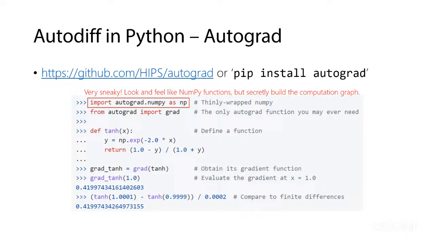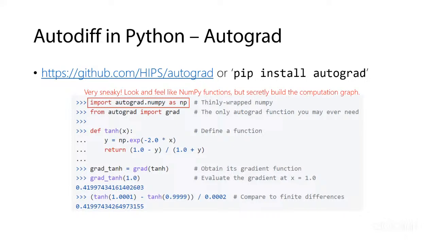So like over here, it's the usual tanh implementation with NumPy. And by importing autograd.numpy like this, from the user side, there's not much of a difference in the syntax. The syntax is, as a matter of fact, exactly the same.